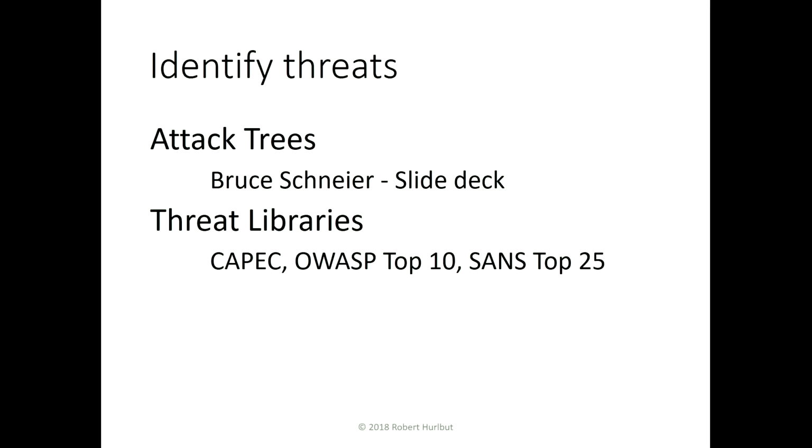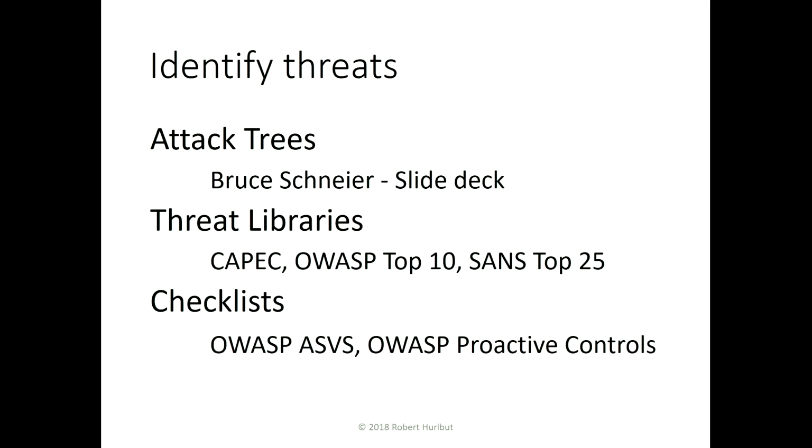Another is that there are a lot of threat libraries out there that can help you think about this stuff. CAPEC is one. The OWASP Top 10 gives you at least an initial list of some things that could go wrong. There are some checklists. Anybody familiar with the ASVS from OWASP? Okay, excellent. If you haven't looked at it, it's a really interesting list of, I think it's 19 different categories of software development, primarily web, but it can apply to other applications as well, in terms of asking questions about your system.